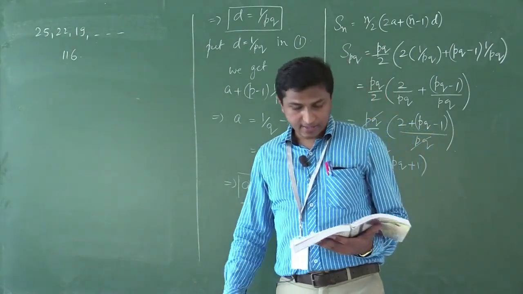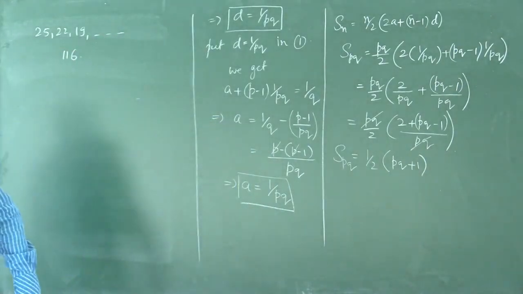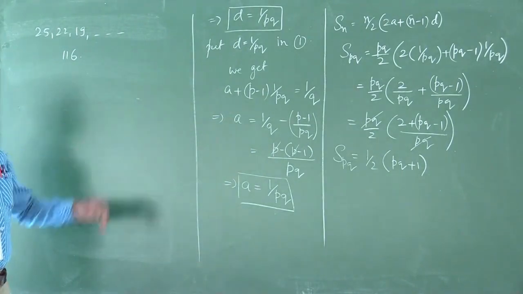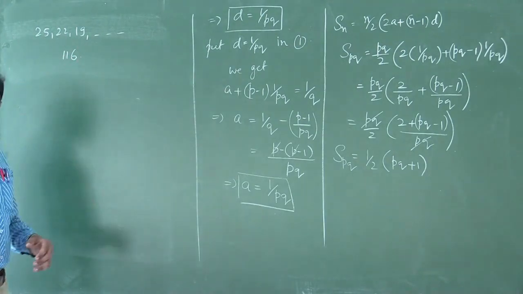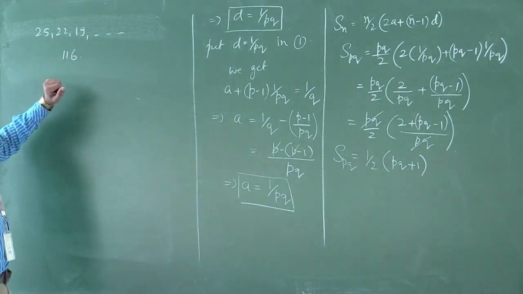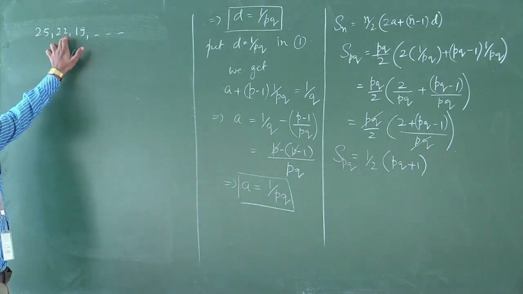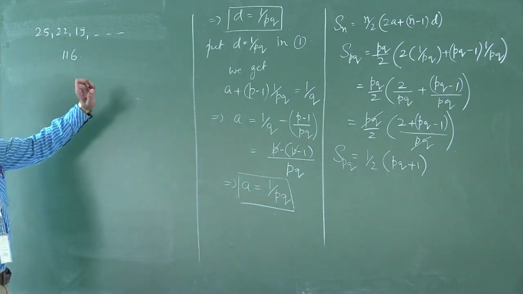Next sentence, find the last term. Okay. Look at the question. What is the question telling us? The sum of a certain number of terms of the AP 25, 22, 19, and so on is 116.